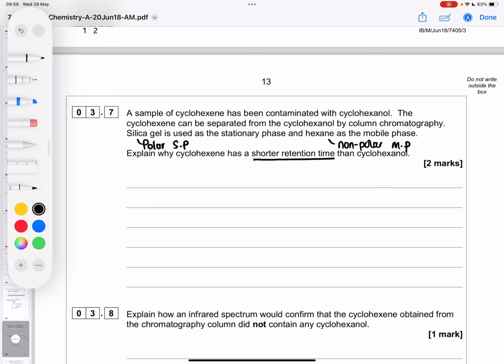That means it's going to move faster than cyclohexanol. That would be because cyclohexanol has that OH group, so that's a polar group. Cyclohexene is non-polar. Cyclohexanol is polar.